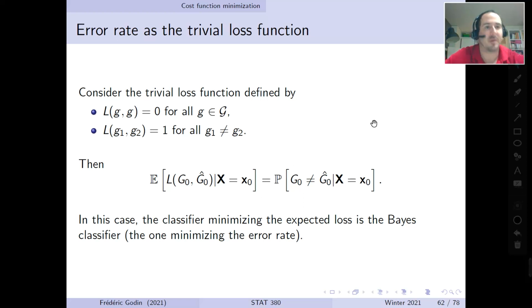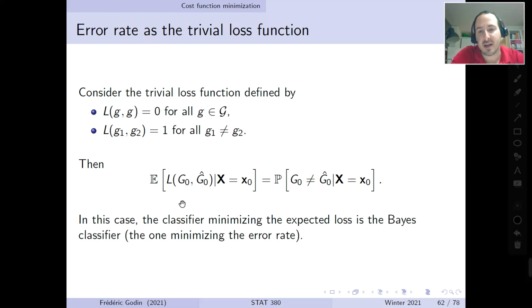So how does it compare with our original approach? Well, if we use a loss function where L(G, G) is equal to 0 for all classes G, which was our assumption that correct classification entails no misclassification cost, but a loss equal to 1 for any type of misclassification, so whenever G1 is different than G2, L(G1, G2) is equal to 1, this entails that all types of misclassifications have an equal penalty of 1.